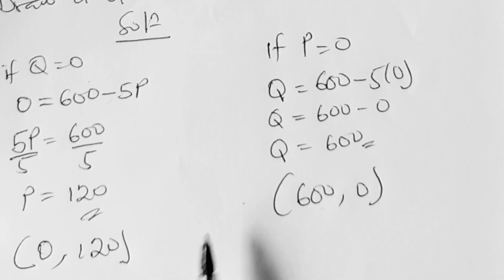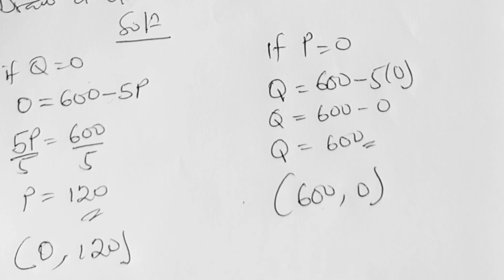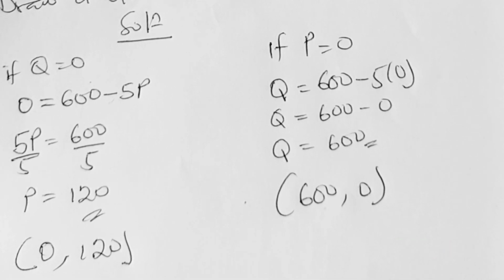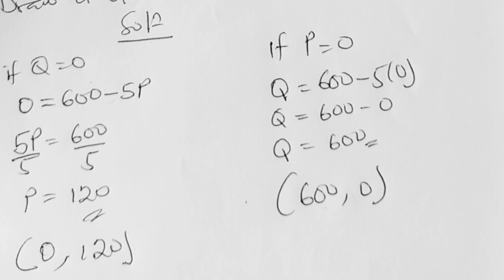Having these answers, we can plot them on our curve. And remember, before you can draw any curve in economics, we need our x and y axes. I have my x and y axes neatly drawn here.